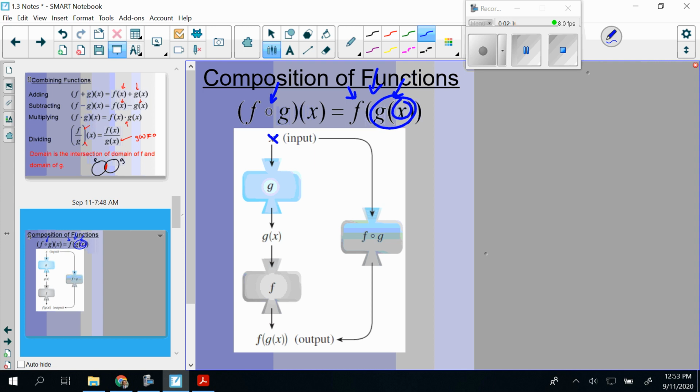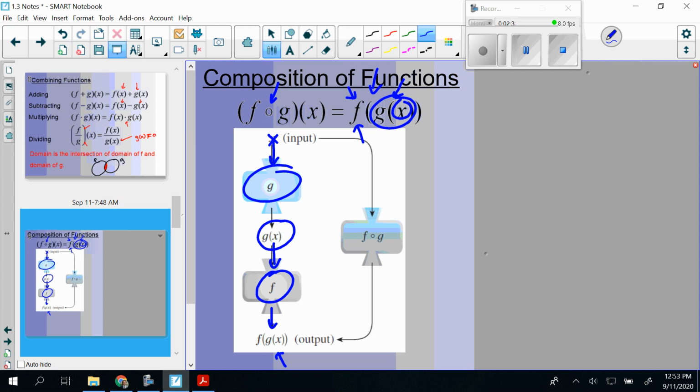So you take your input, you run it through function g, see what that does to it. The output would be g of x. And now you have this outside function of f, so now you're going to run that new result of g of x through f, and once you run it through that function, out would pop f composed with g.